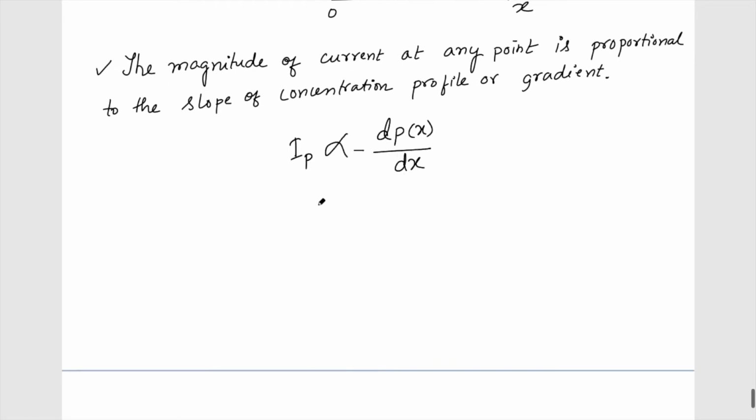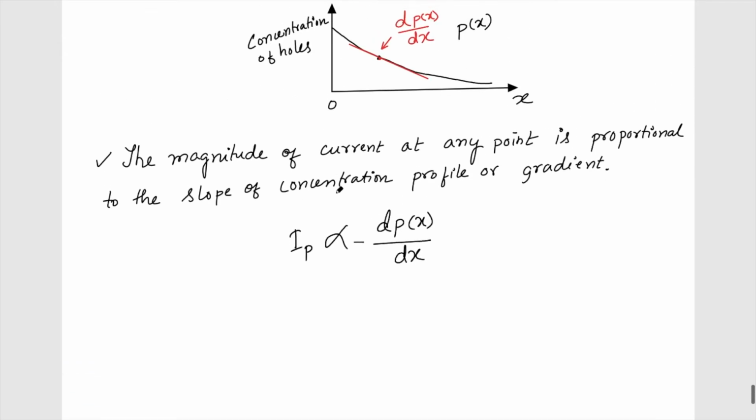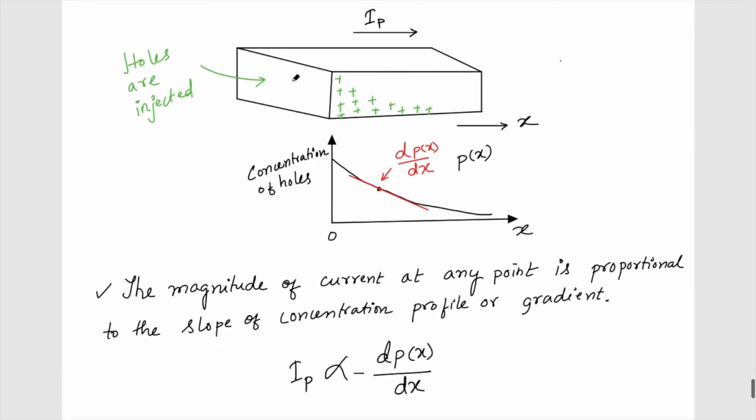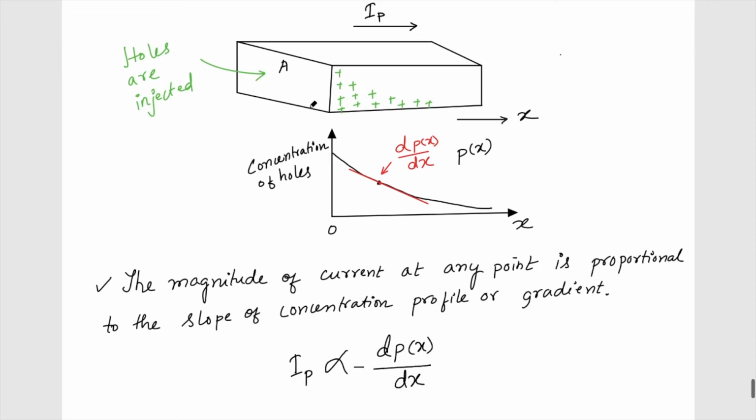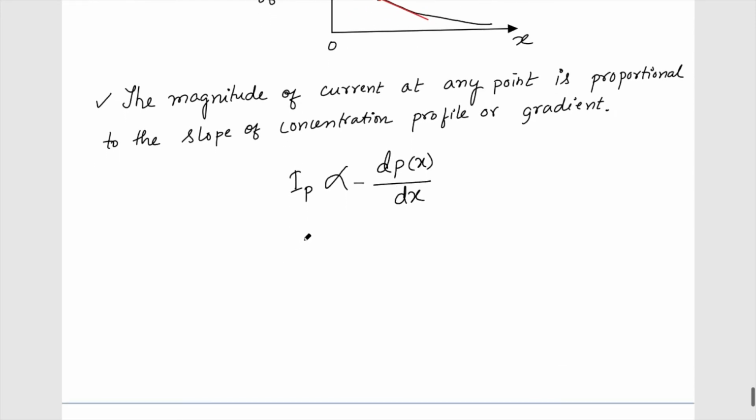And of course, the current Ip also will be proportional to this area A, which is the area of this face of the box. Then Ip also will be directly proportional to the area as well as the charge of the holes.